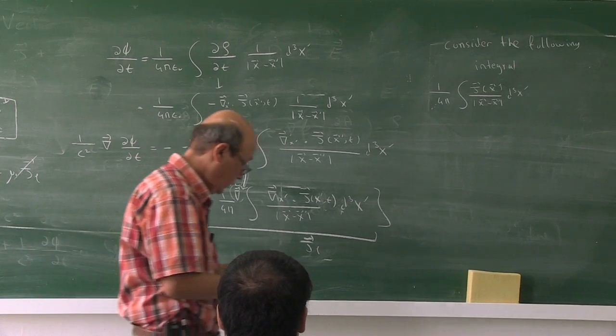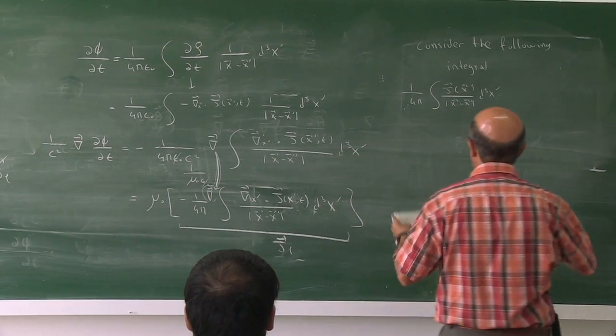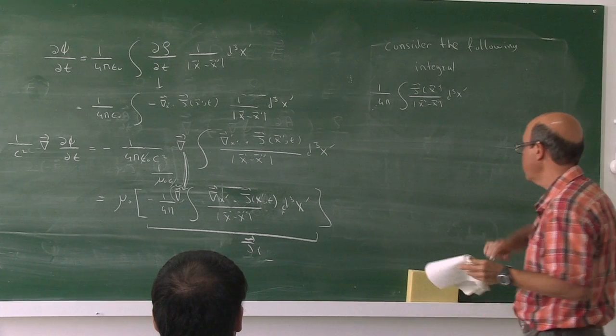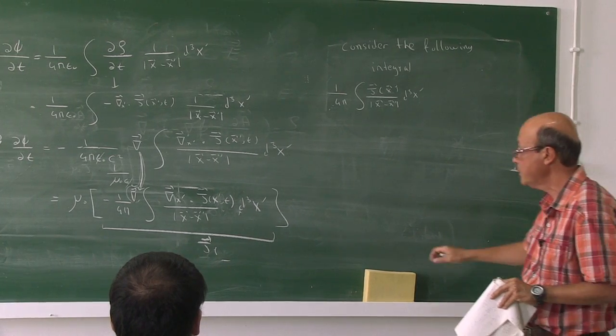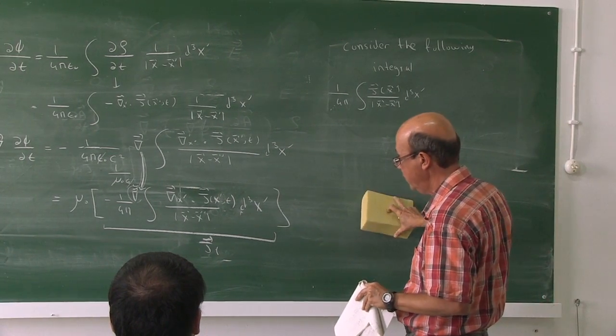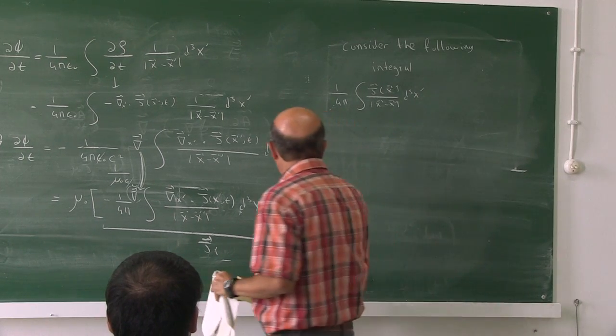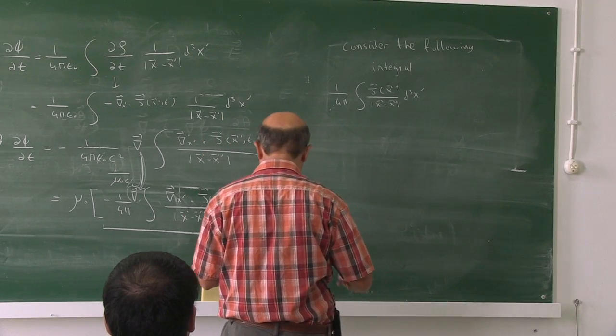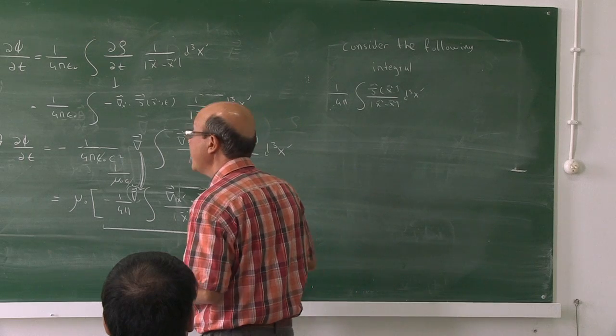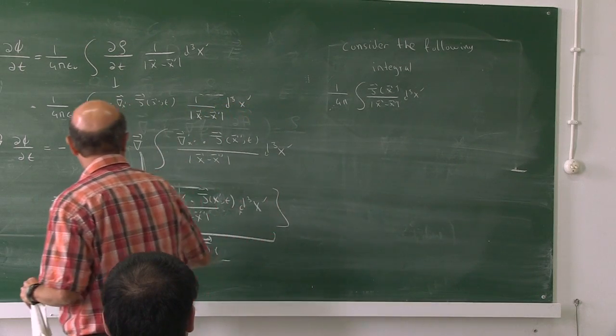density. So to start, I said consider the following integral, current density divided by x minus x prime integrated through the volume. And then take the curl of both sides.